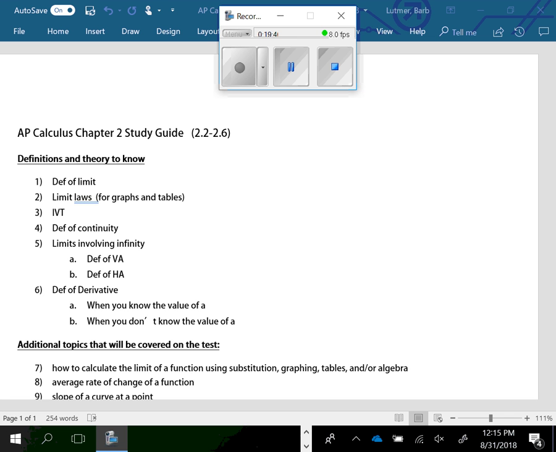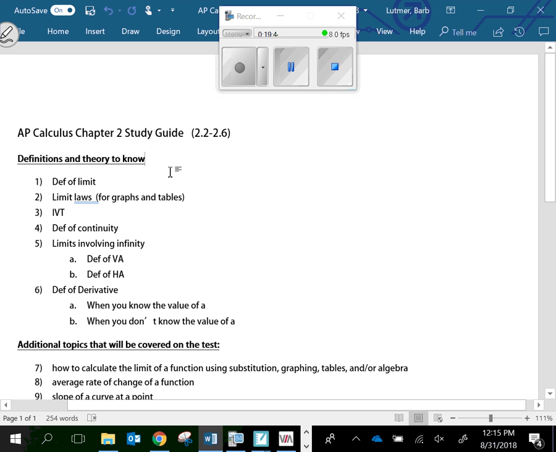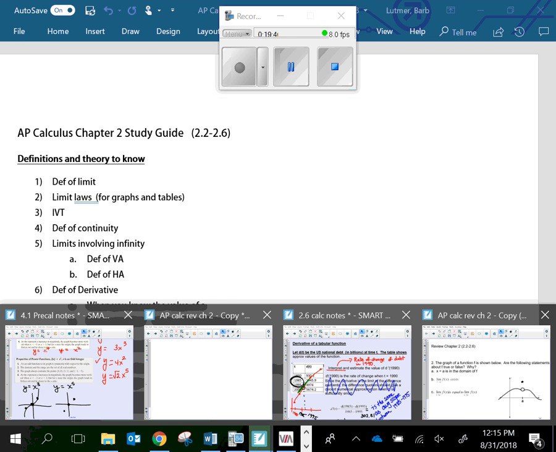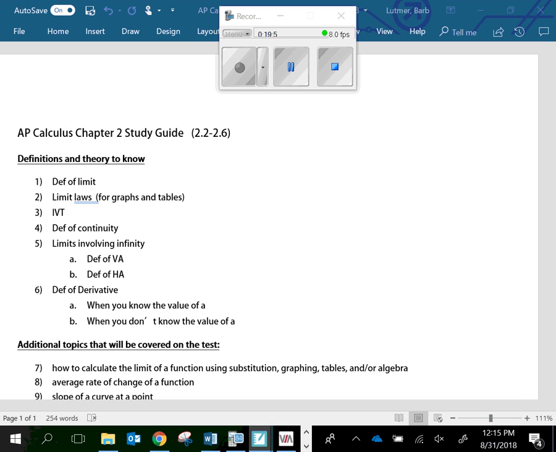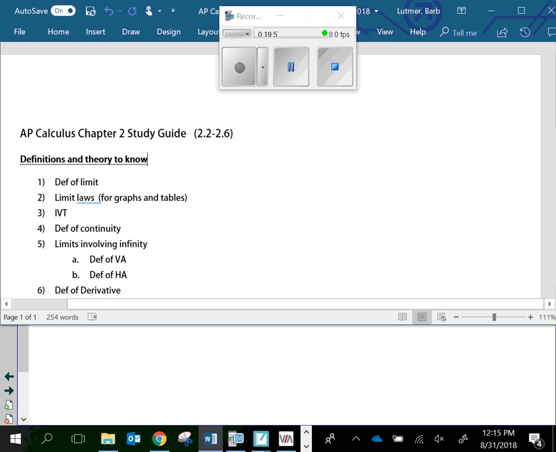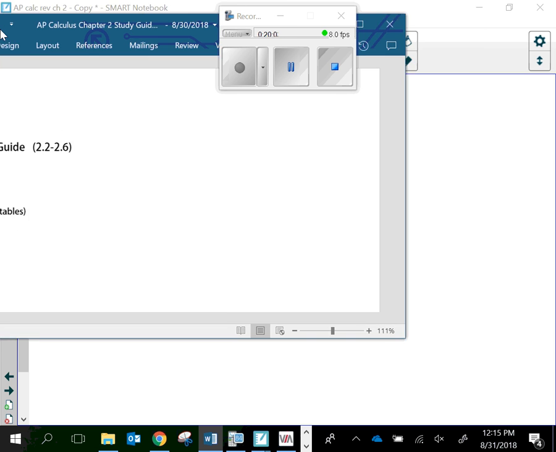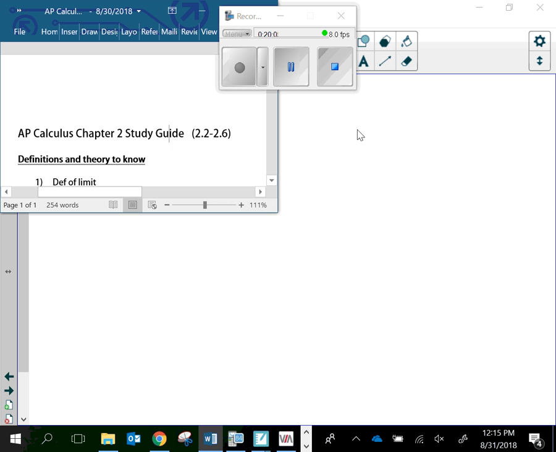The limit of f of x as x approaches a. You're reading to me. You don't know it? Well, there's that, but is that what you want? You all use the word limit in the definition, so I didn't know if you wanted us to say limit of something.